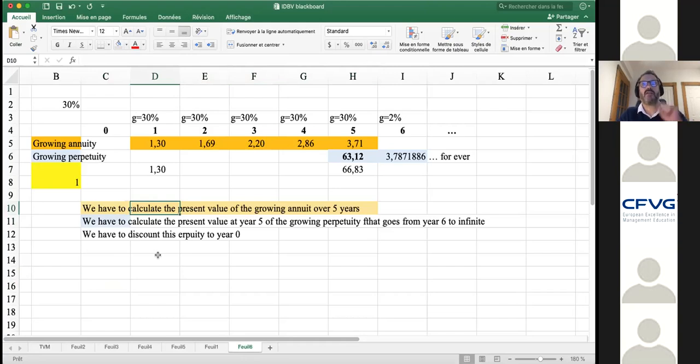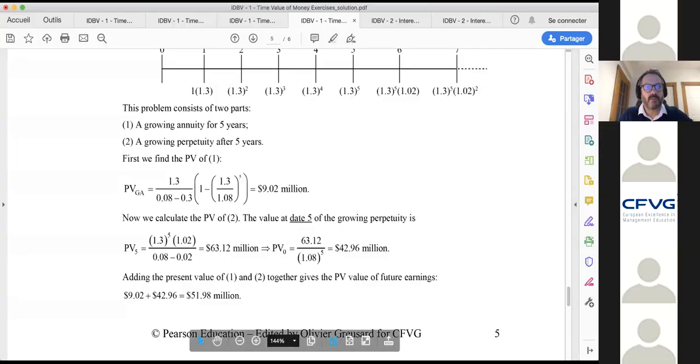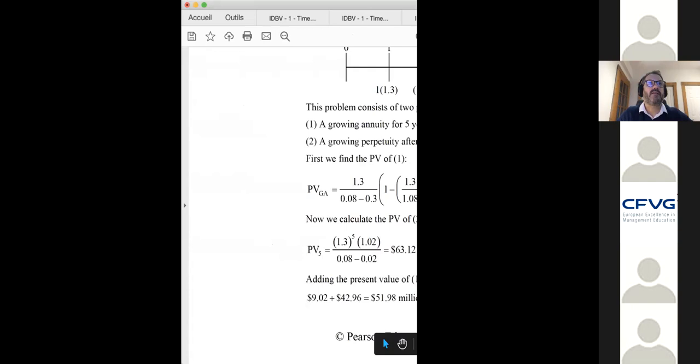So these are the two things that we have to calculate. If we have a look, if you prefer, in the PDF document, this is the way it's presented. Maybe you prefer this way. Can you see the PDF?